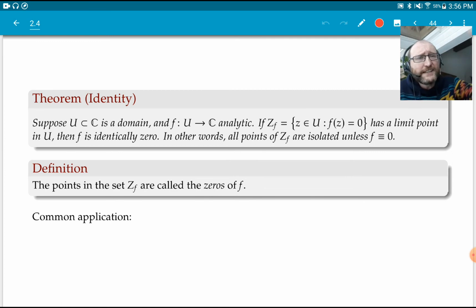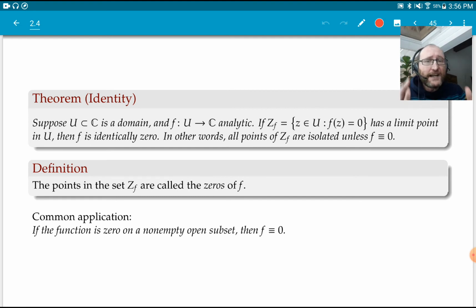All right, the common application of this theorem is that if you have a holomorphic function and it's 0 on some small non-empty open set, then you definitely have limit points. That's a weaker statement over here, but that's a lot of times where this comes in. If a function is 0 on a non-empty open set, then it's identically 0.